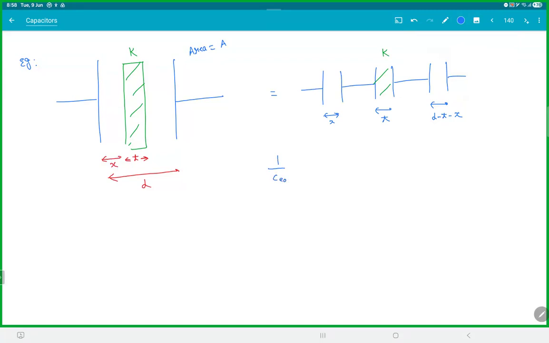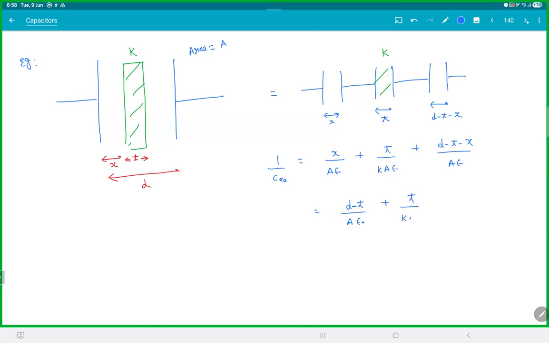So 1 by C equivalent will be X by A epsilon, plus T by Ka epsilon, plus D minus T minus X by A epsilon. When you add them, you can clearly see that X cancels off. So it doesn't matter where you keep the slab.